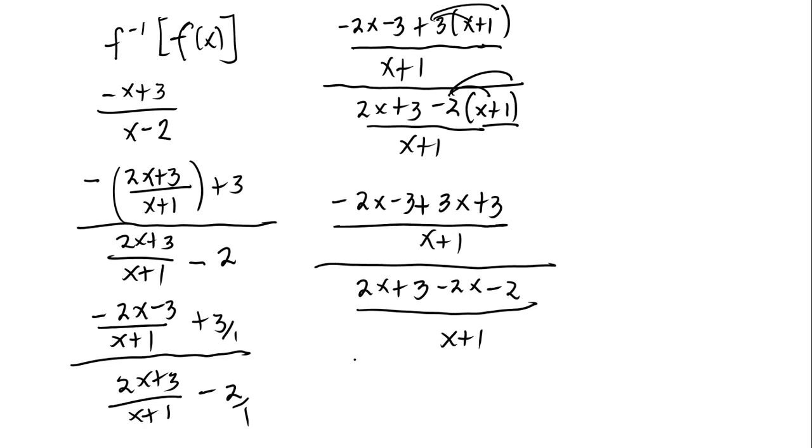And then solve for the numerator. This is negative 2x plus 3x, which is x. And then negative 3 plus 3, which is 0. So that is x over x plus 1. And then, sa denominator naman natin, we have 2x minus 2x, that is 0. And then 3 minus 2, that is 1.